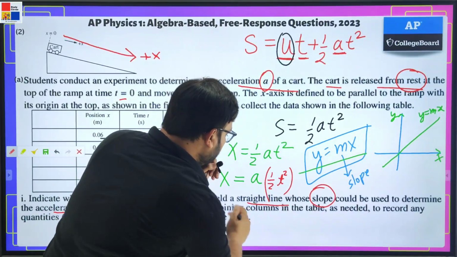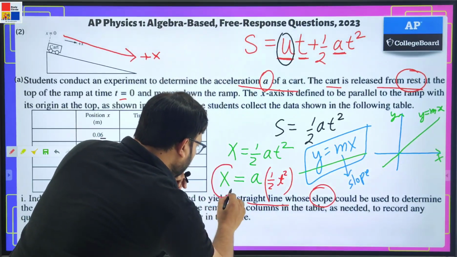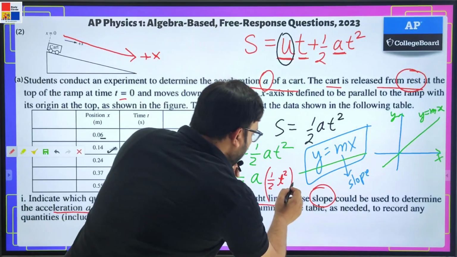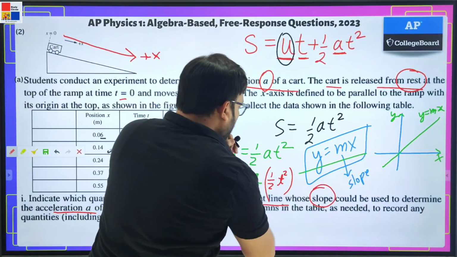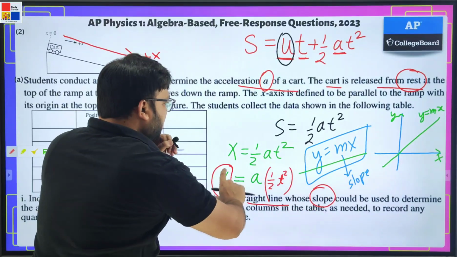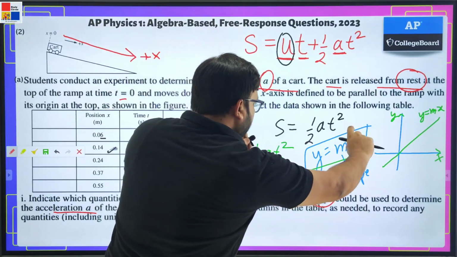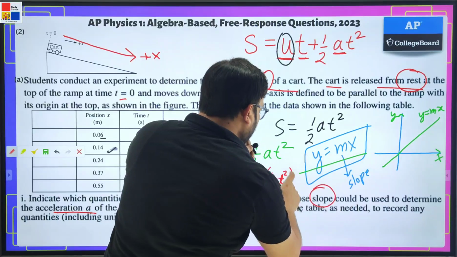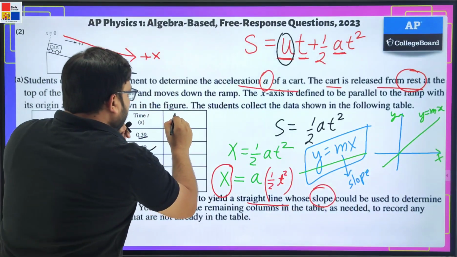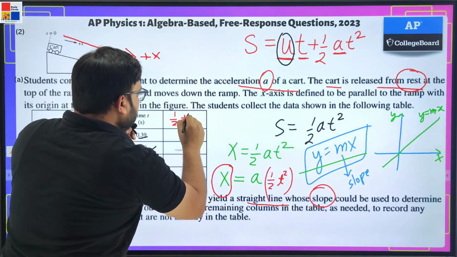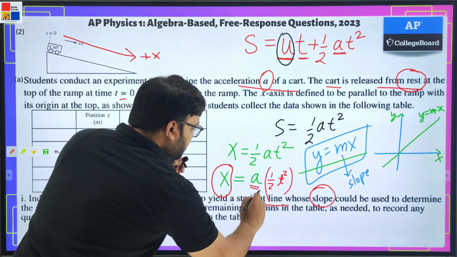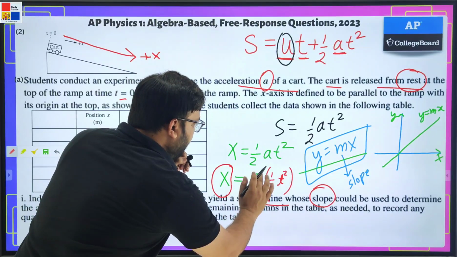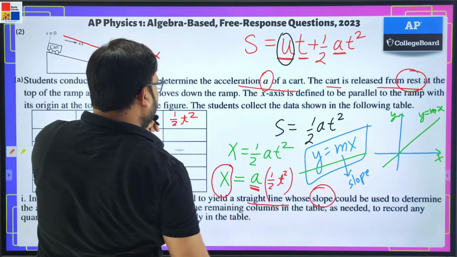So x is the dependent variable, and half t square I'll treat as the independent variable. Like y equals m times x, that form it is taking.